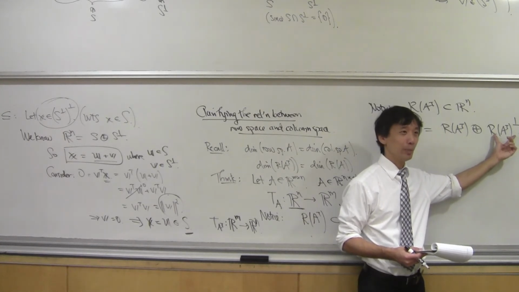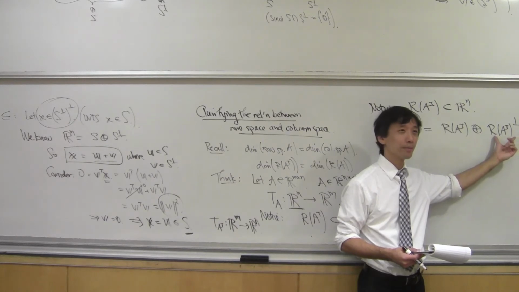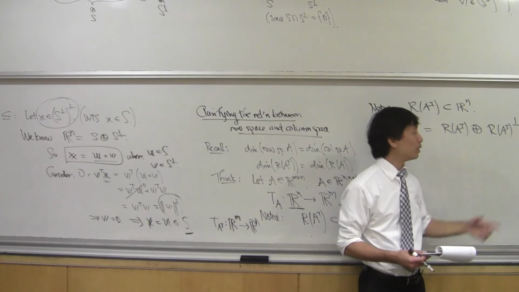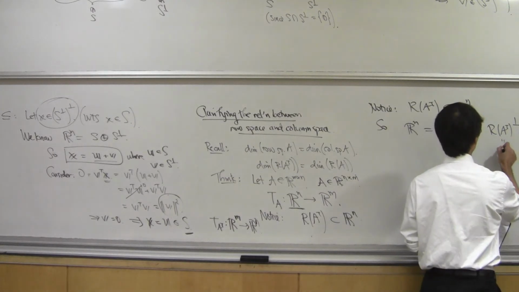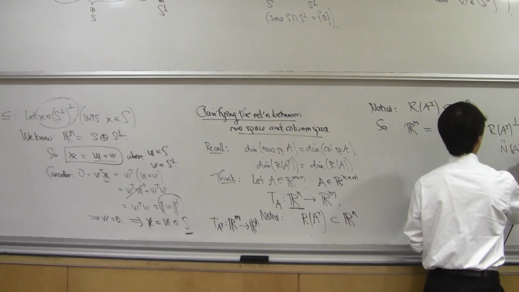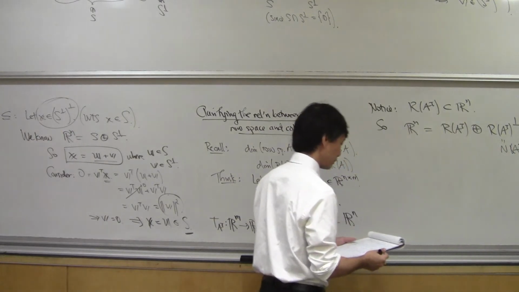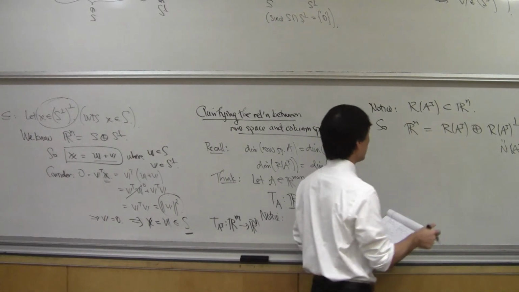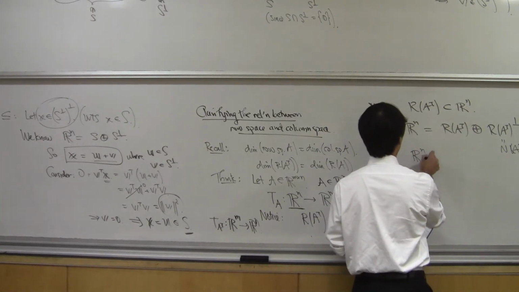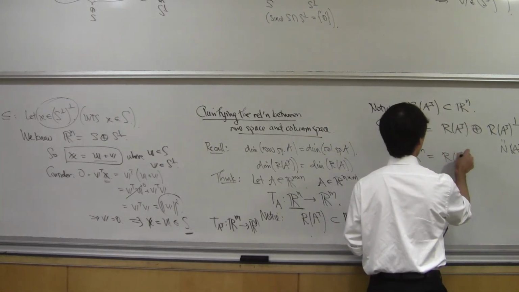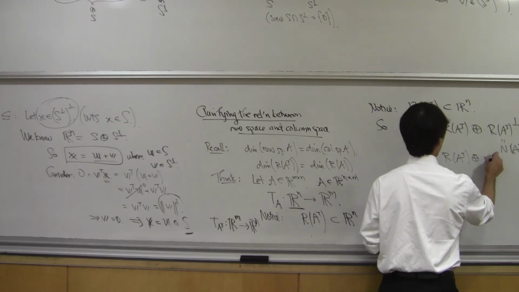The orthogonal complement of the range of A transpose is, by the fundamental subspaces theorem, the null space of A. So Rn can be broken up into the range of A transpose plus the null space of A.